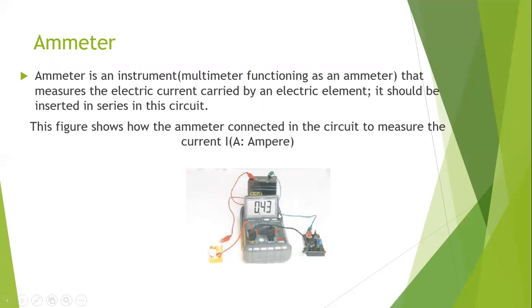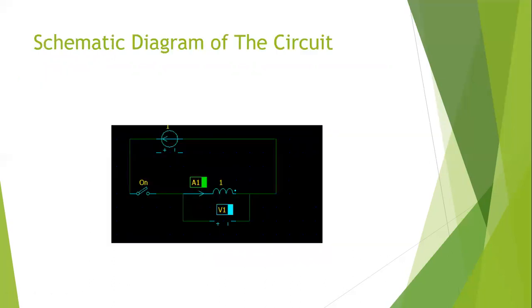This figure shows how the ammeter is connected in the circuit to measure the current I in ampere, capital A. In this schematic diagram of the circuit, we have a generator, a switch, a conductor and a voltmeter.